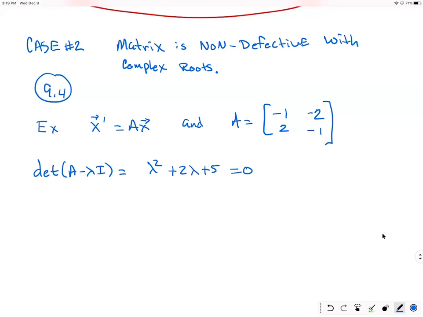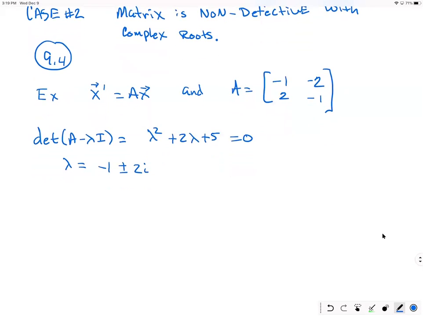So the determinant of A minus lambda I, when I set it equal to 0, is lambda squared plus 2 lambda plus 5 equals 0. So I end up with lambda equaling -1 plus or minus 2i.